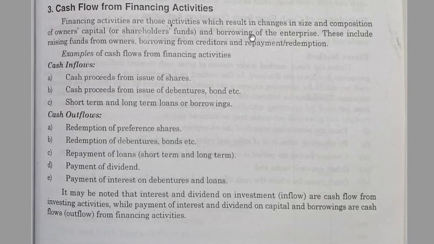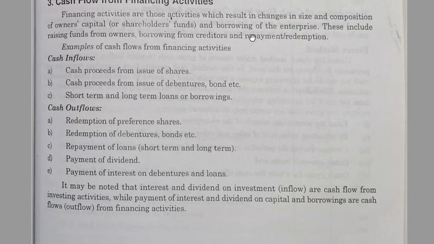So basically they result from the changes that you make in shareholders' funds or borrowings. When you're raising extra capital, or when you're raising borrowings from creditors, or when you're raising borrowings through your debentures or long term borrowings, at that time also there's cash inflow and outflow that happens in a business. So those activities are considered to be the financing activities.